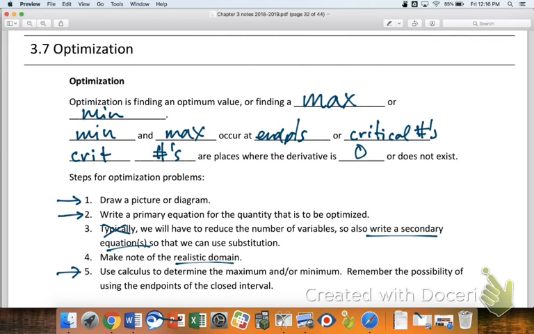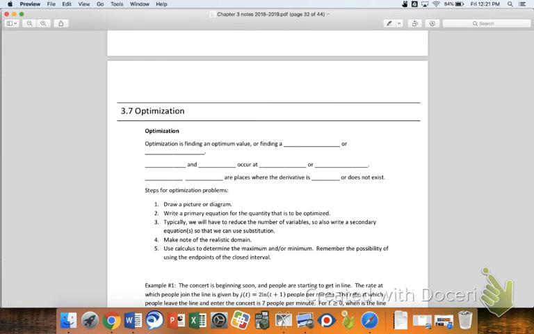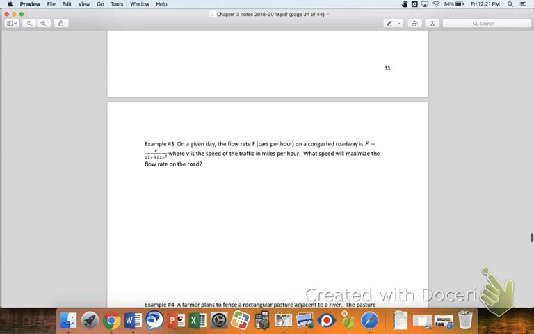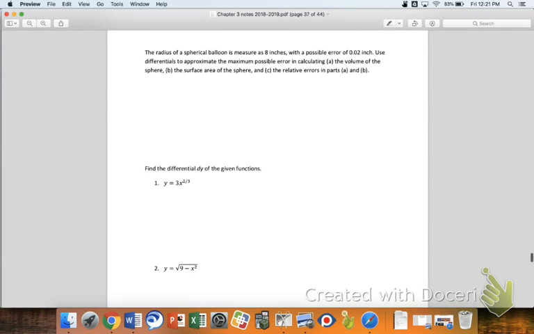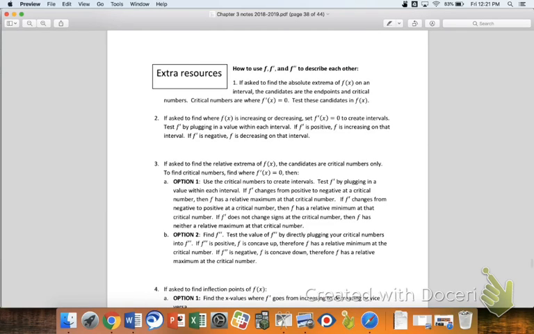So I wanted to reflect real quick on what I mean by use calculus, and I want to show you something in your notes that maybe you haven't seen. I know a couple of you have. If you would, flip all the way through all these optimization questions and this little thing on 3.9 and get to the end where it says extra resources.